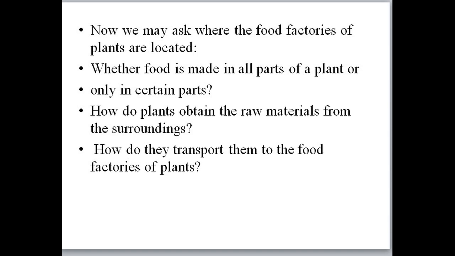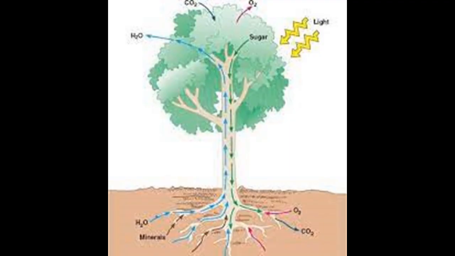which is marked with the blue arrow here, and other necessities like carbon dioxide are taken from the air, and with the help of solar light, the green pigments are distributed on the surface of the leaf.